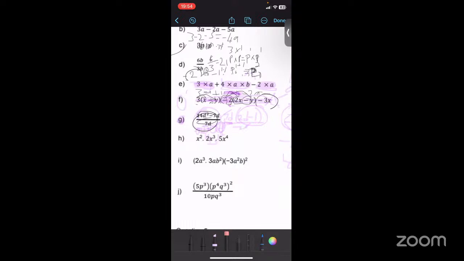Let's look at the last one, which is H. I think there's going to be a lesson after this one before they come and join here. We have x to the power of 2 multiplied by 2x to the power of 3 multiplied by 5x to the power of 4.